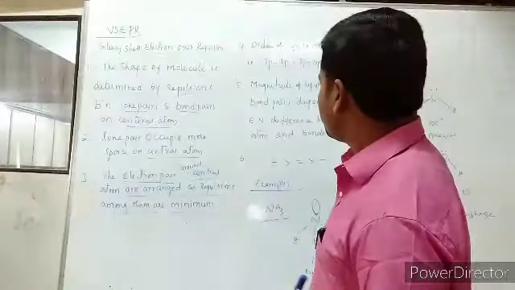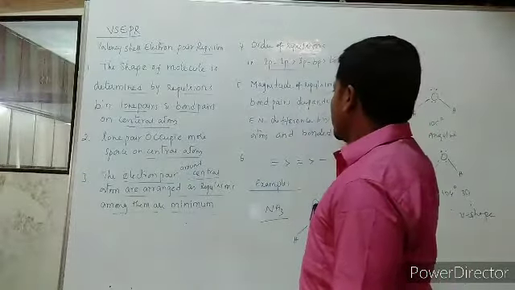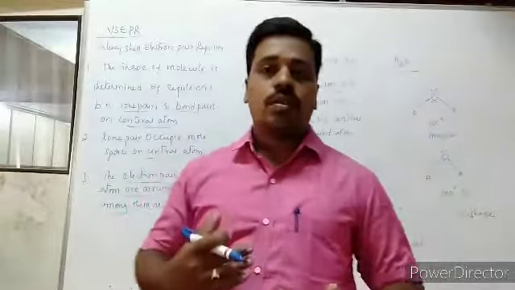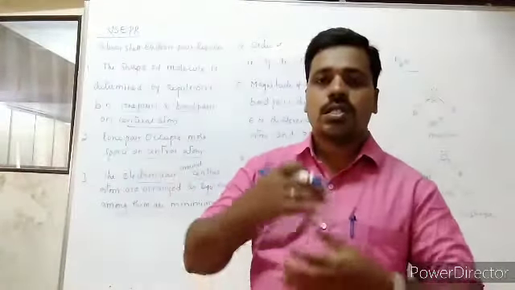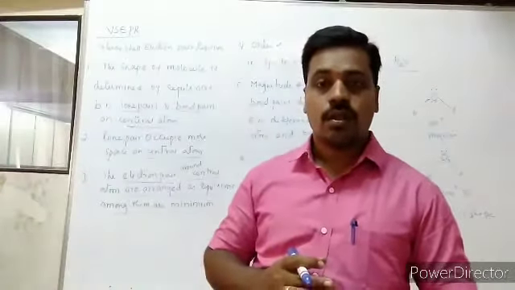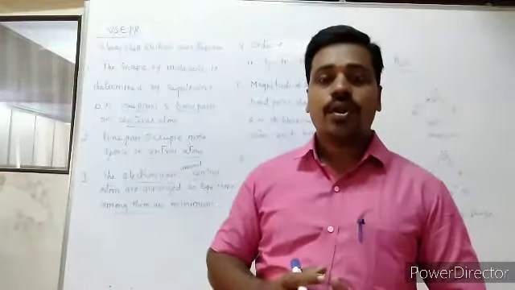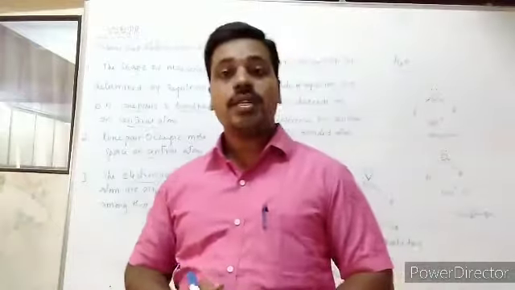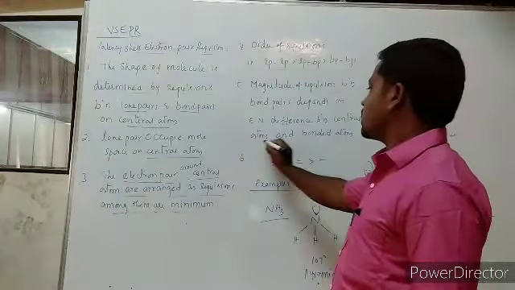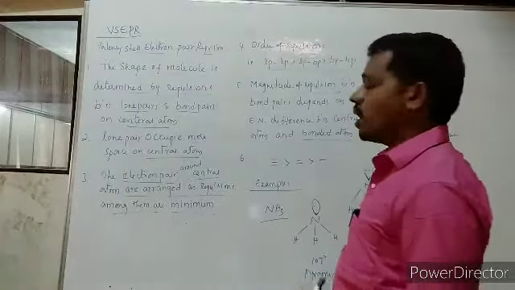And after that, the magnitude of repulsion. Between which things will the repulsion take place? Between bond pairs and lone pairs. The magnitude of that repulsion depends upon the electronegativity difference between the central atom and the bonded atom.